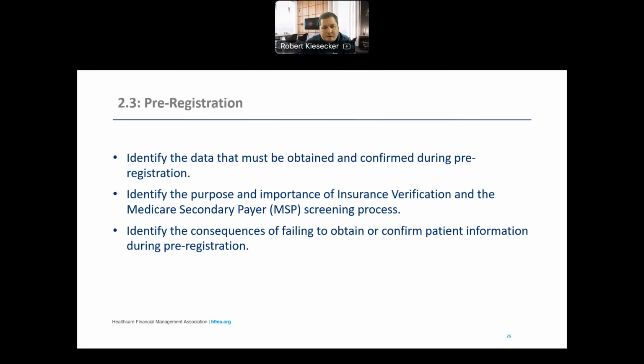We're going to identify the data that must be obtained and confirmed during pre-registration, the purpose and importance of insurance verification and the Medicare secondary payer MSP screening process, and the consequences of failing to obtain and confirm patient information during pre-registration.